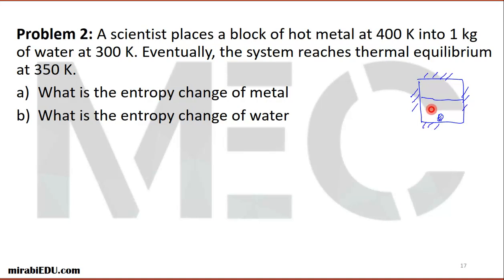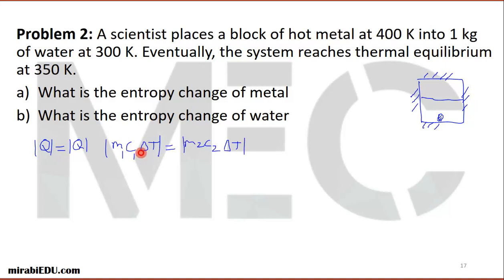Now, because it is isolated, we know that the Q gained by water is equal to the Q lost by the stone. So the mc delta T of the stone is equal to mc delta T of the water.